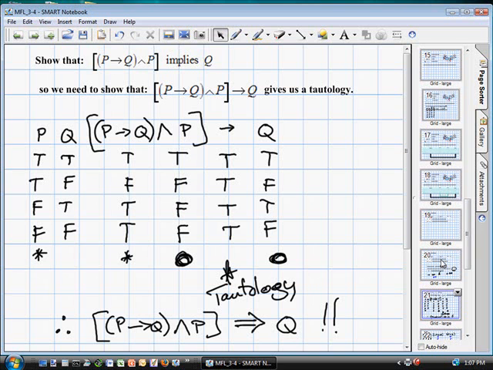I got to if-then that with Q. So I got to take this funny looking circle guy and do this with this circle guy. So if this, then this. Remember, how does this work? Only false when true, false. So, true, true. False, false. False, true. False, false.